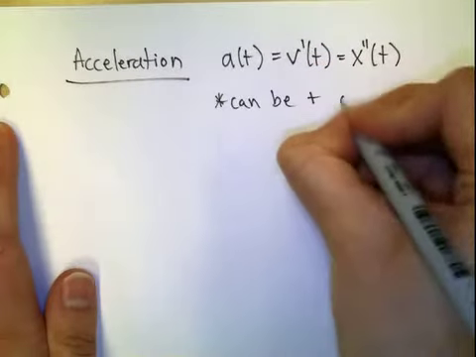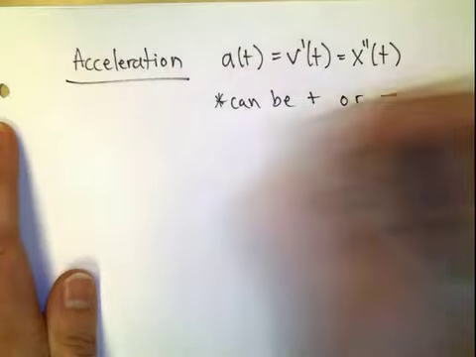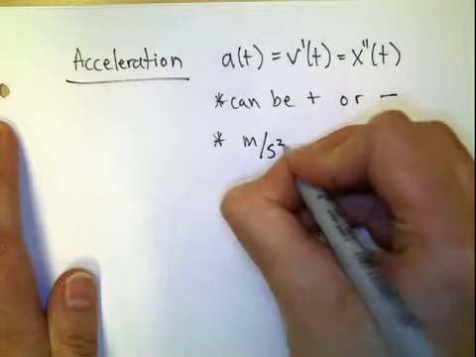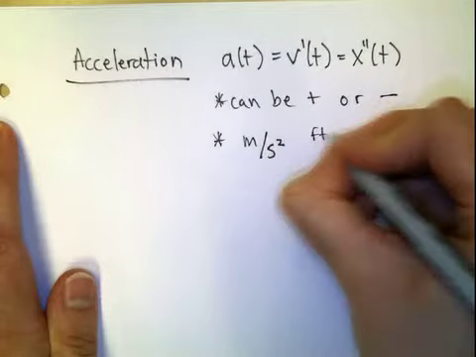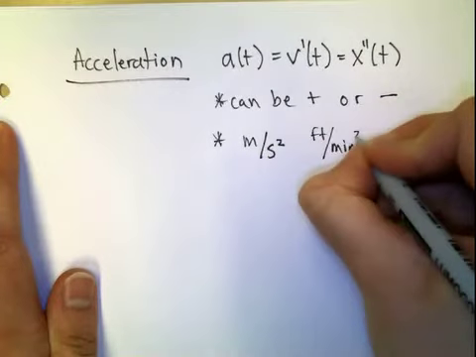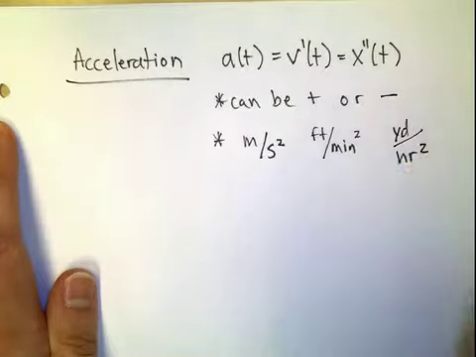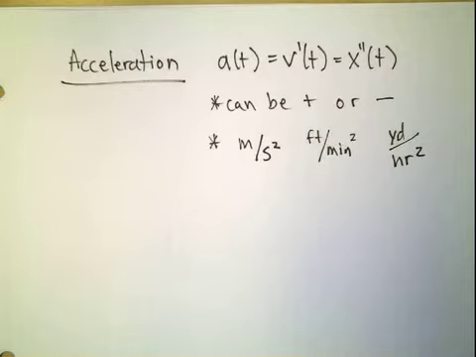And the units are meters per second squared, feet per minute squared, yards per hour squared, etc. These are what the units look like. So we're kind of just refreshing our memories.